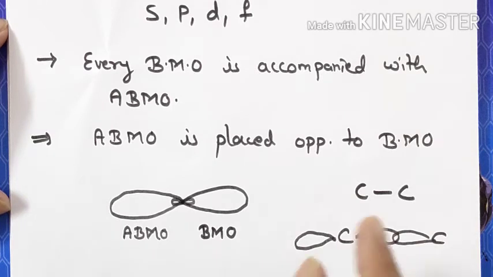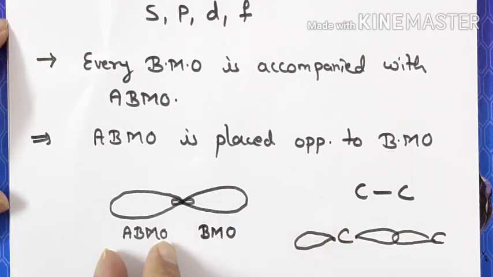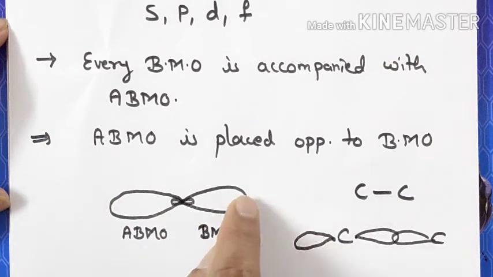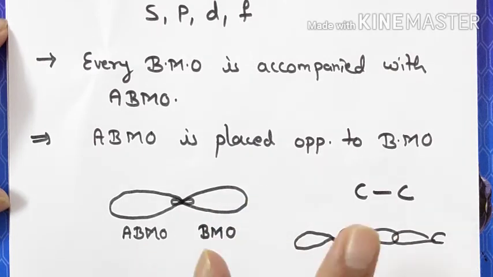If there's a bonding orbital, obviously there will be an anti-bonding molecular orbital for sure, and it is placed opposite to the bonding molecular orbital. We understood this? Clear?